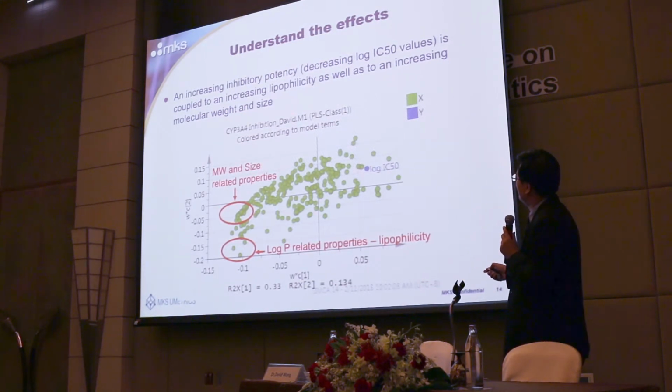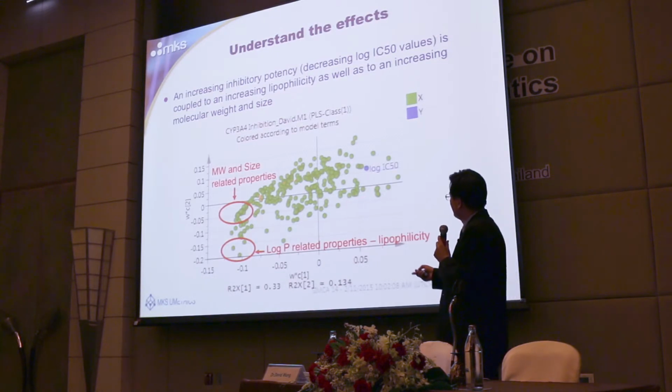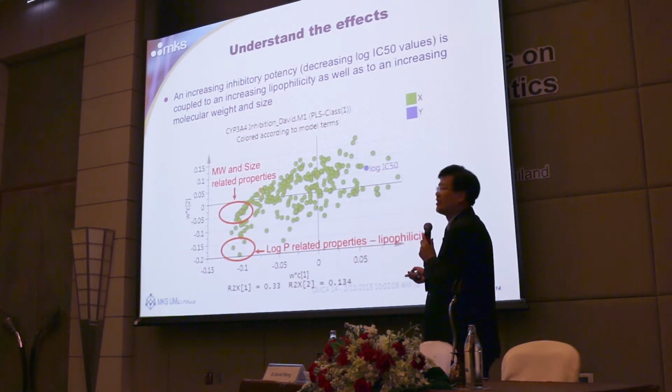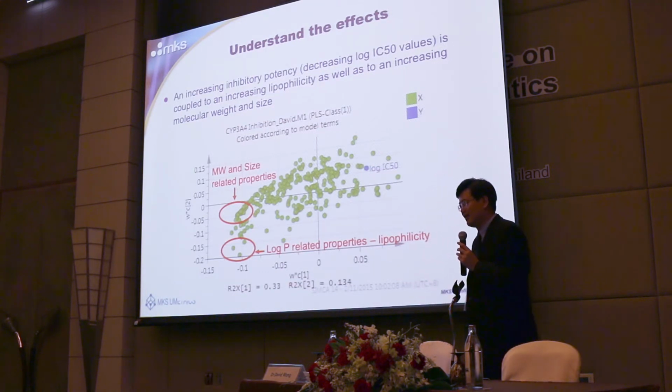Say, for example, if we want to increase the inhibitory potency of the drug over here, we know which properties are closely correlated, negatively correlated or positively correlated with this property. And this is very important especially in the early stage of drug screening over here.